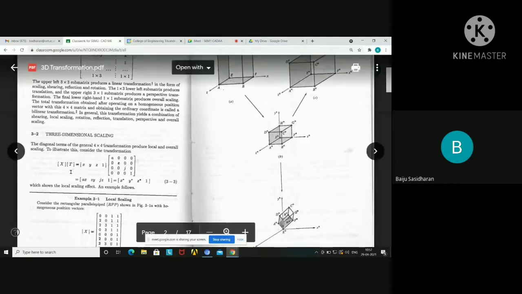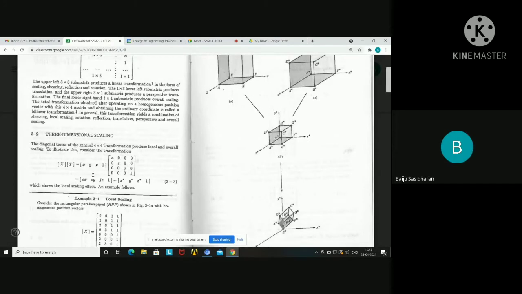Suppose we have the point x, y, z, and in order to represent that point in the homogeneous coordinate system, here we put 1. Therefore, x, y, z, 1 is multiplied with the transformation operator. You see, for the scaling, we have the scaling parameters in the x direction, this is a, and this is the y value, that is e, and this is the z value, j. So a, e, j are present, and all others are 0.